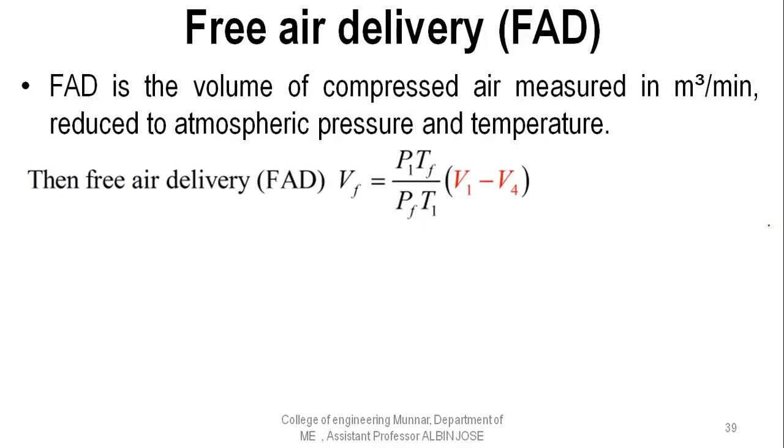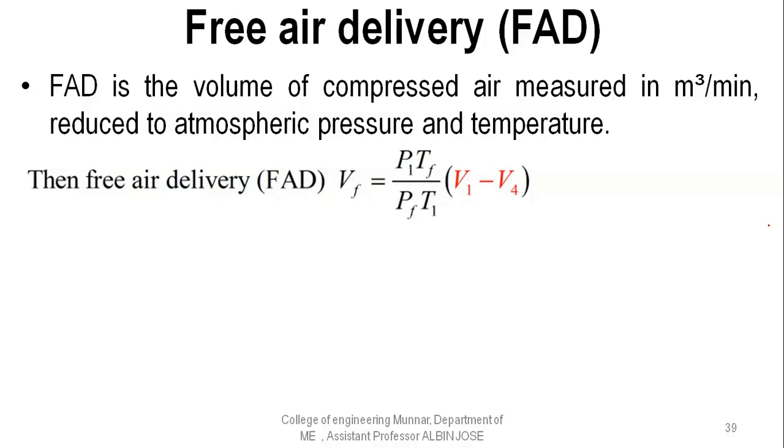Then we can calculate the amount of free air delivery. The free air delivery FAD is equal to Vf, where the suffix F denotes the free air or atmospheric condition, and the suffix 1, as in P1, T1, V1, denotes the condition of the suctioned air in suction.